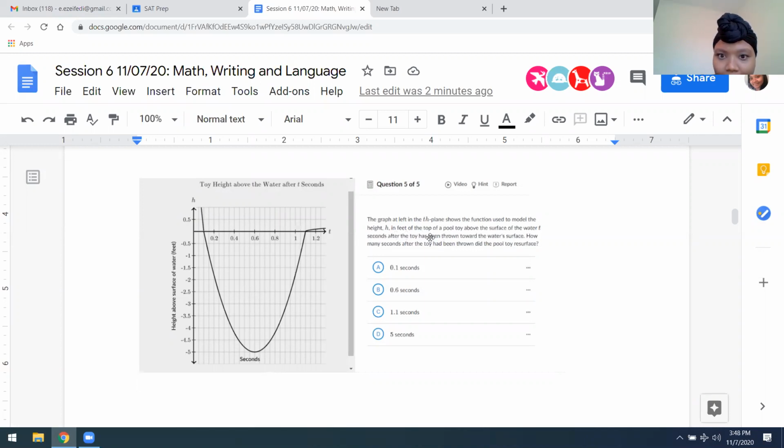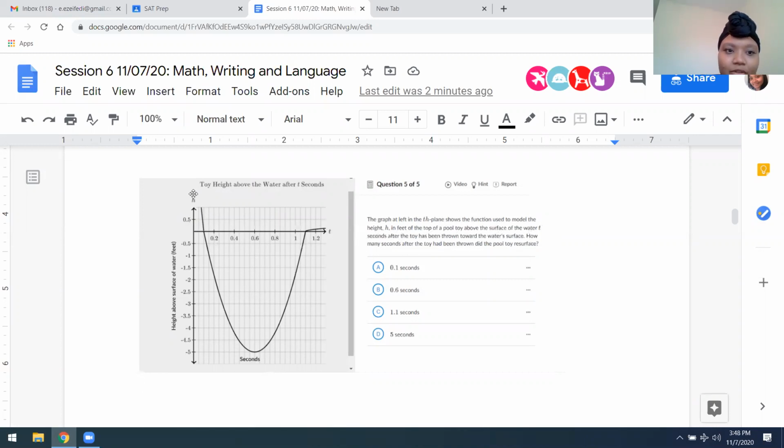Now, T, I need to find out about this axis. T, or this line here. T seconds after the toy has been thrown toward the water surface. Okay, so T is seconds. So again, this is just showing time.